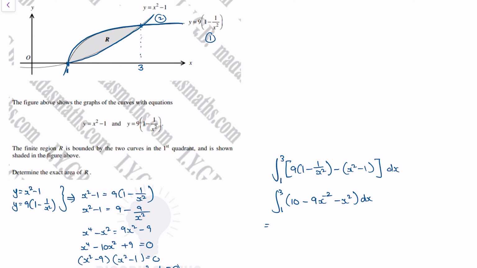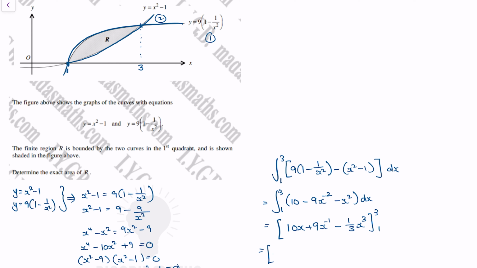Now I can integrate it. I get 10x. So I get x to the minus 1 when I increase it. So minus 9 divided by minus 1 gives me positive 9. And the last term, when you integrate, I get minus a third x to the power of 3, between 3 and 1.